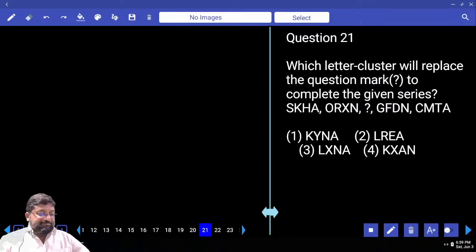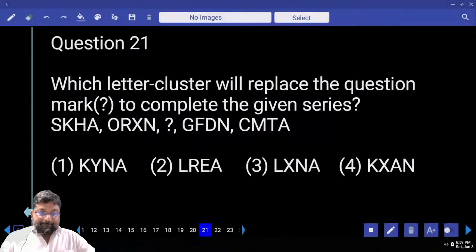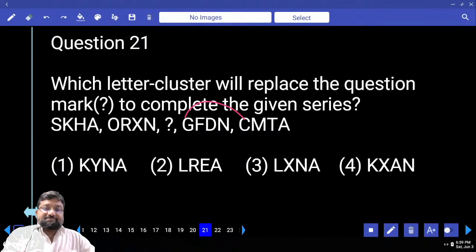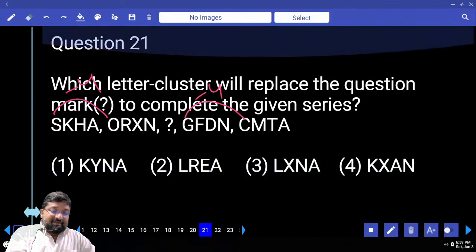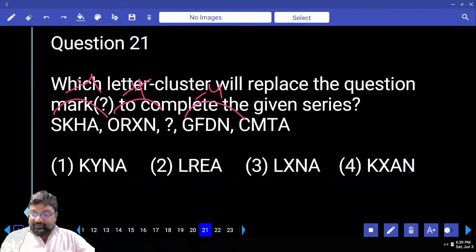What's going on here? Shall I go with G and C? Minus 4. 19, 15 minus 4. 15 minus 4 is 11. What is 11? Okay.